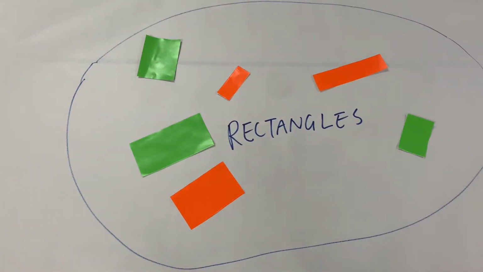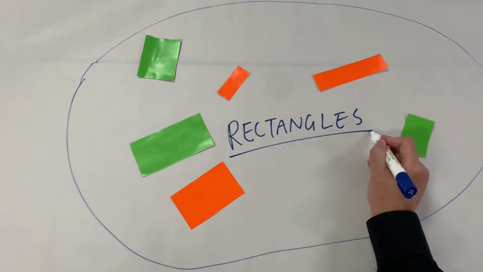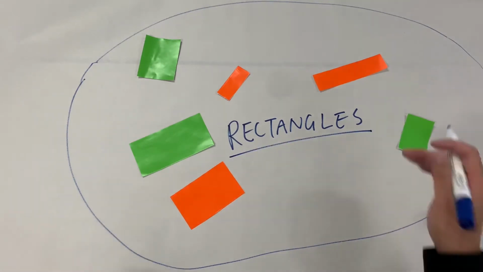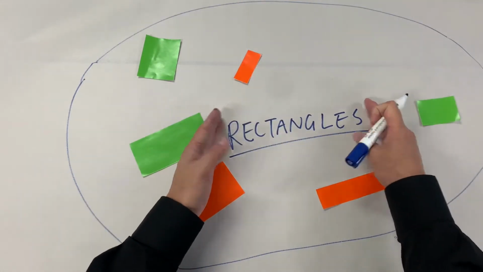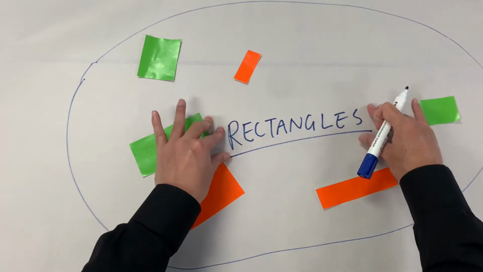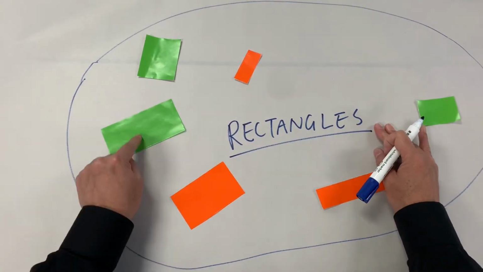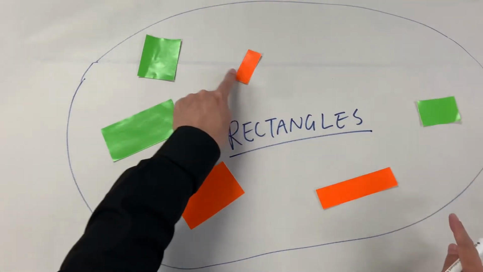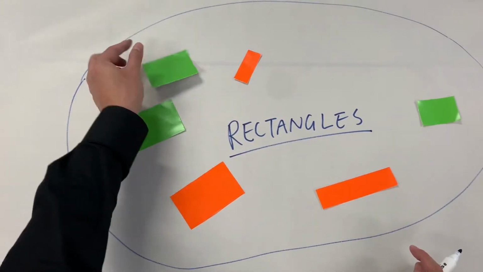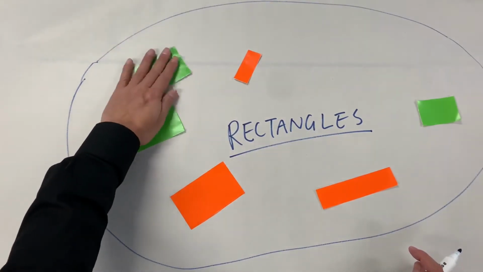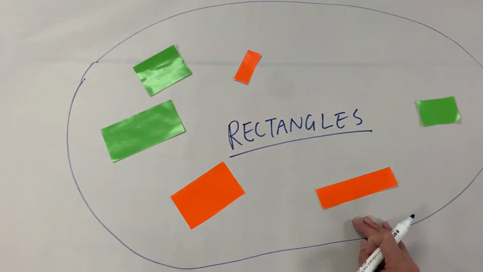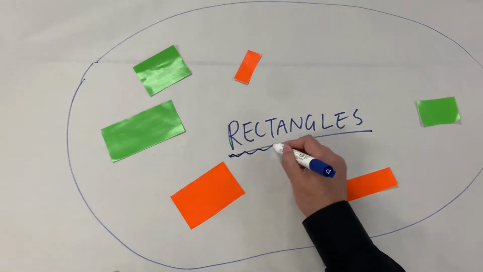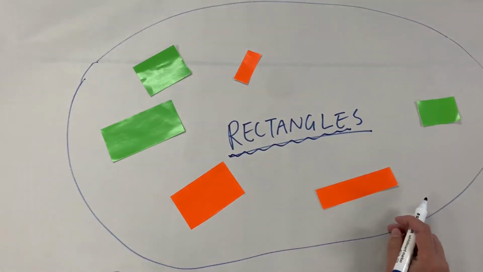Now, what is a rectangle? Remember, this is what we have been practicing. We're trying to find the definition of a shape. Then we evaluate or look at its shape and we check if that is a rectangle, in this case, or not. So these are all rectangles. I wonder what a rectangle is. Let's quickly pause the video. What do you think?